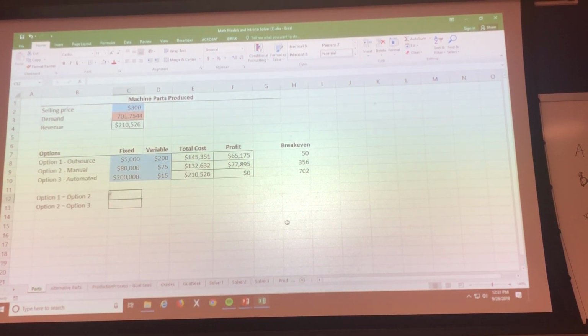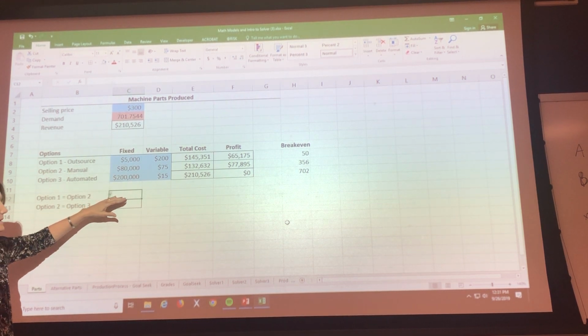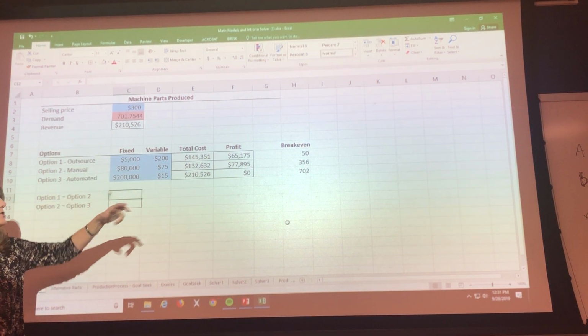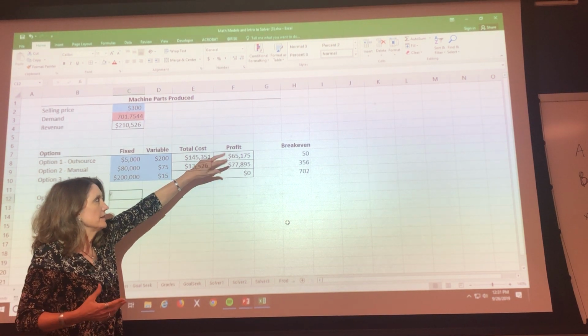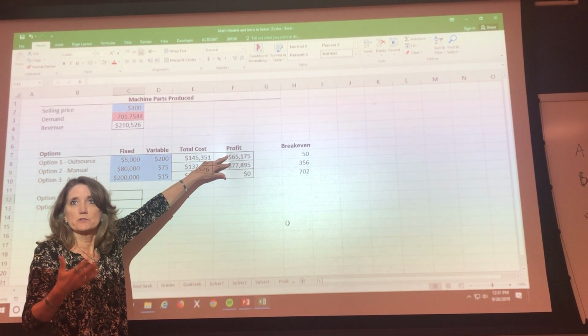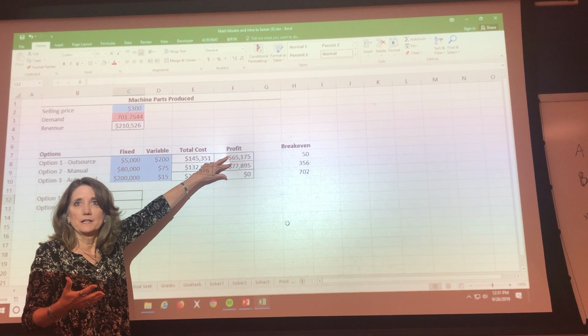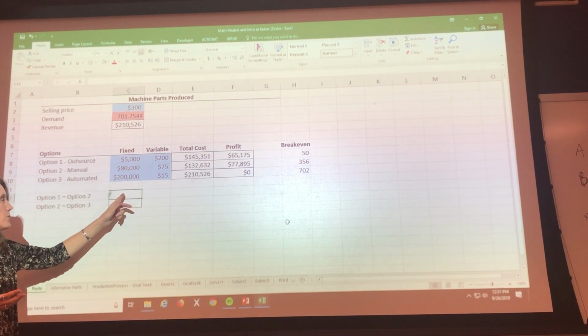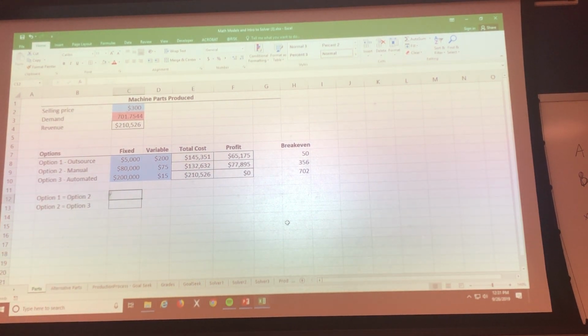So what we're eventually wanting to do is, if those two things were equal to each other, then their profit levels would be equal, right? So in this cell, if we look at the difference in these profit levels, it doesn't actually matter which way you go on this one.